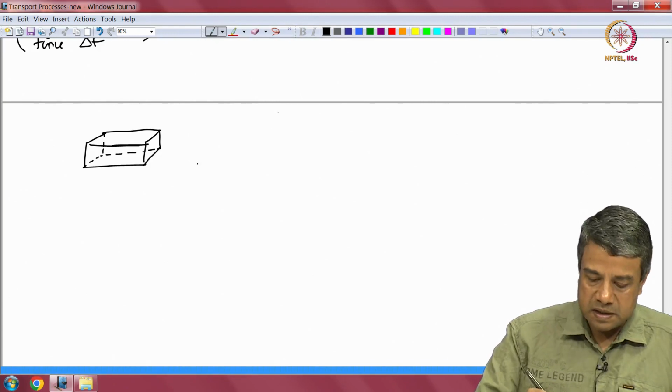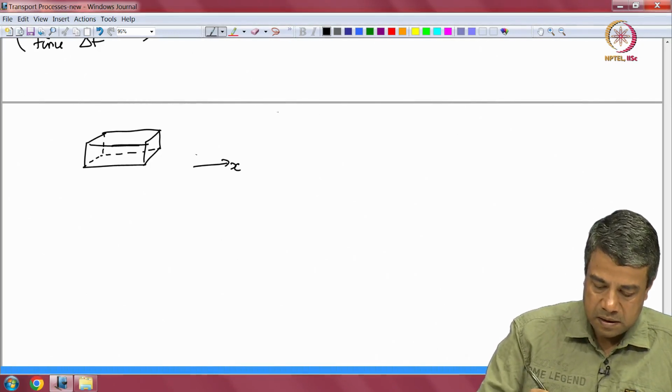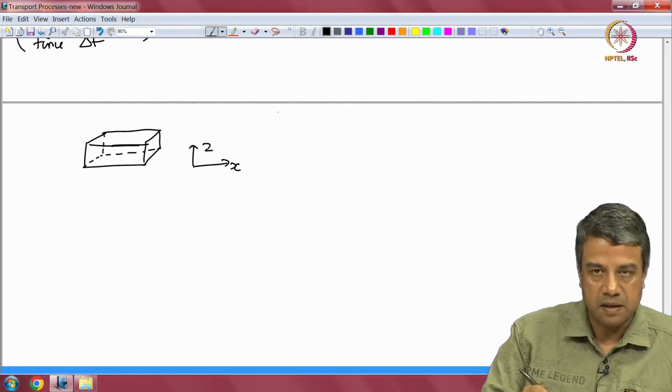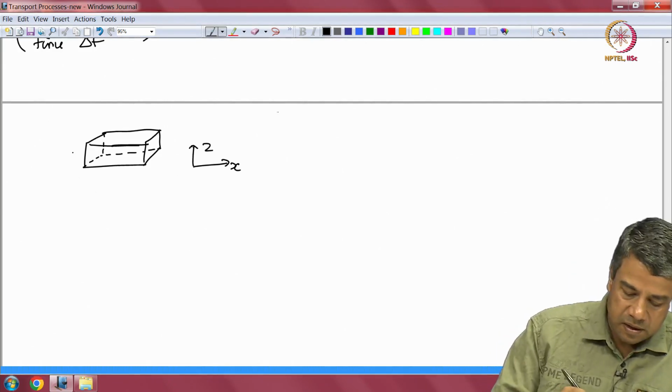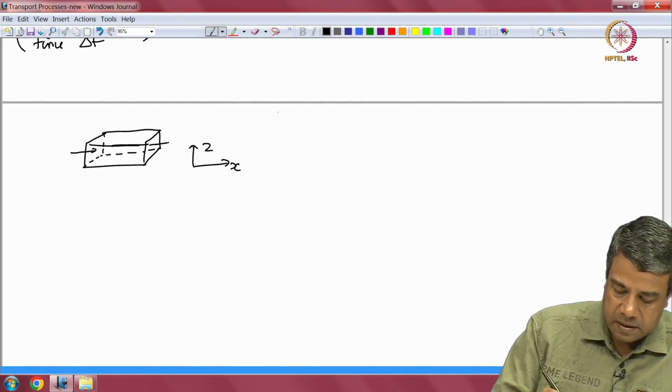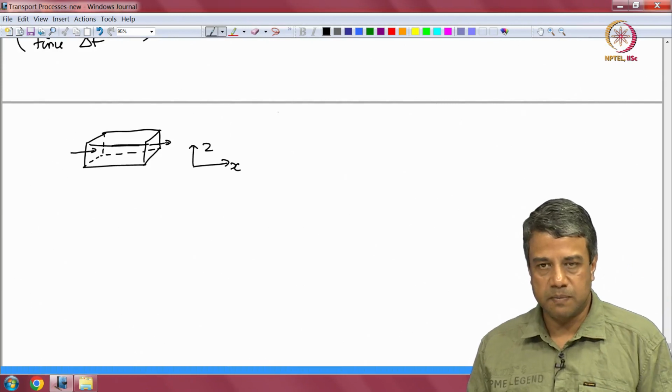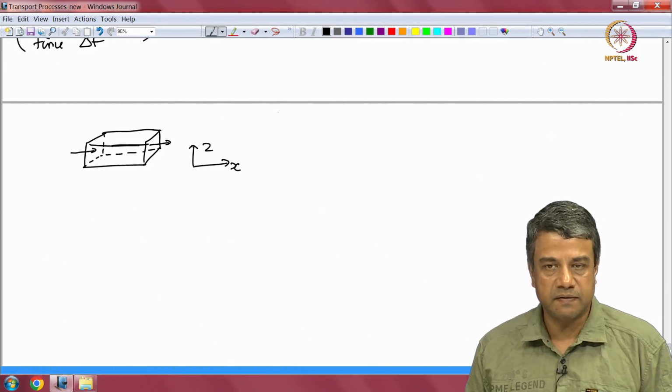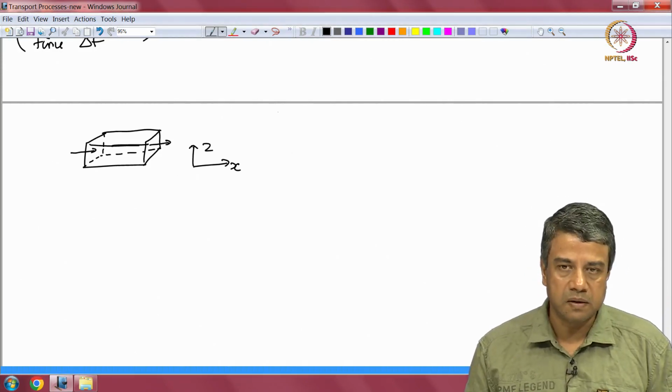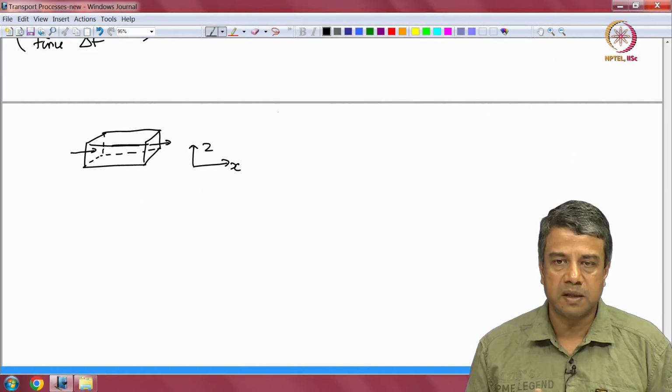The fluid velocity is in the x direction, and the velocity varies in the z direction. There could be momentum coming in on the left side and going out on the right side, because fluid is coming in on the left and going out on the right, carrying momentum along with it.